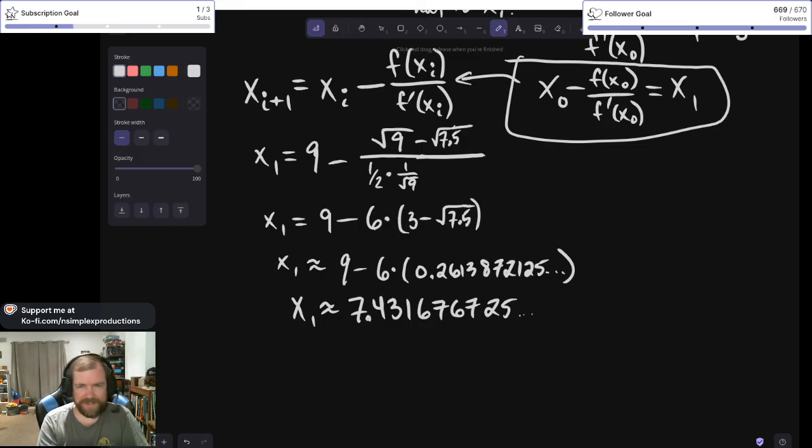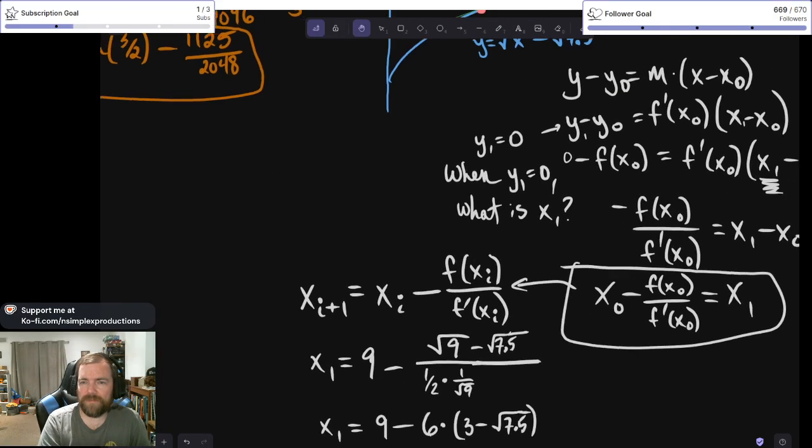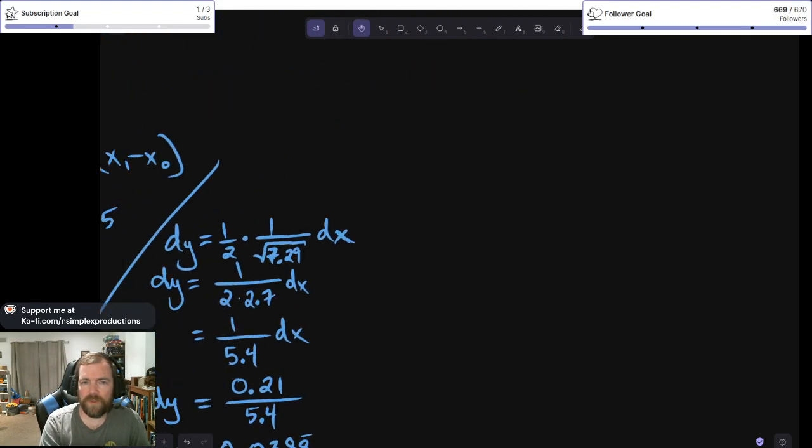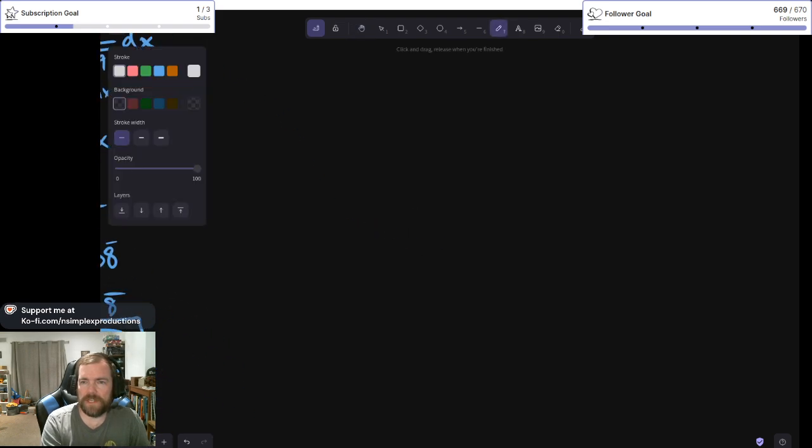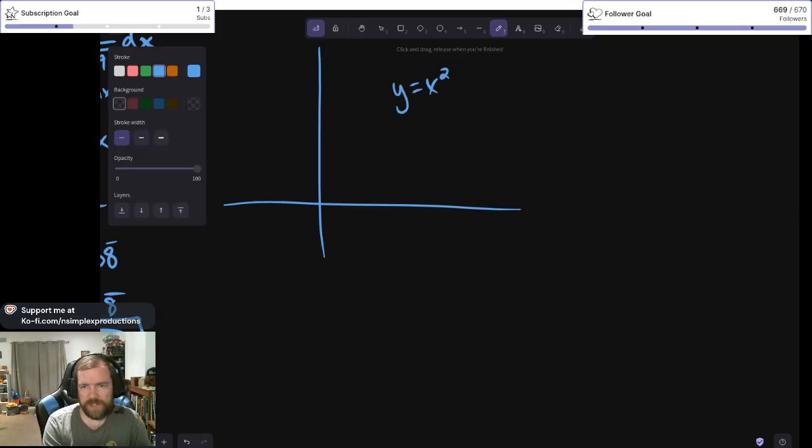On the other hand, hang on. We can fix this. Because again, we want x values, right? So that means that if we choose y equals x squared minus 7.5, I think that'll actually get us what we want.